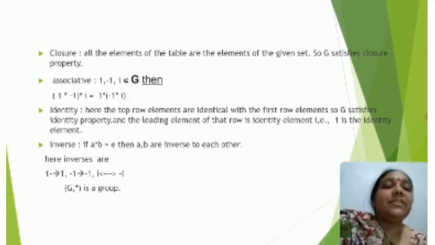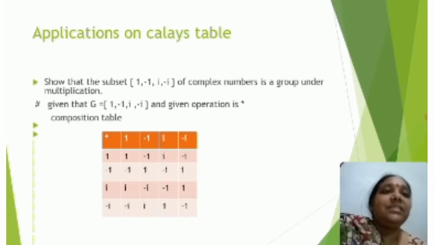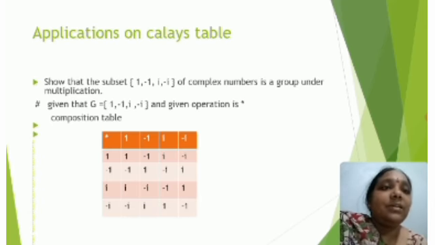Next I am checking whether it is satisfying the identity property or not. Here in this table, we check whether the top row elements are identical with any row or not. Here 1, minus 1, i, minus i are the elements in the top row. Next, if we check, the first row elements are equal to the top row elements: 1, minus 1, i, minus i.